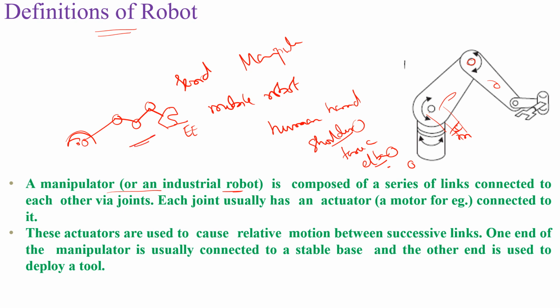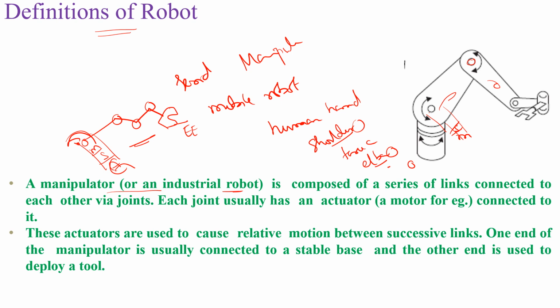This manipulator consists of links, and the links are connected by joints. And in each joint you have a motor, sensor, and actuator, or we have a gear arrangement. We'll learn everything in the upcoming classes.